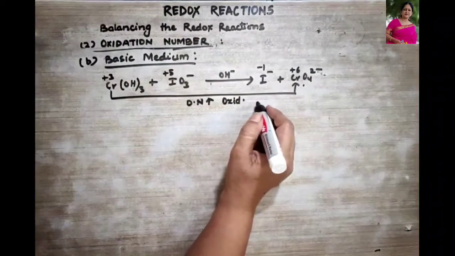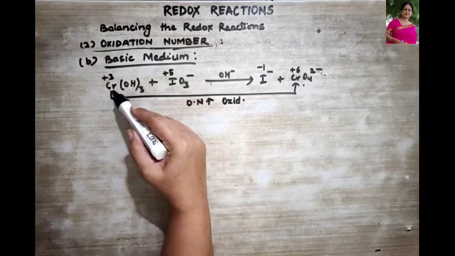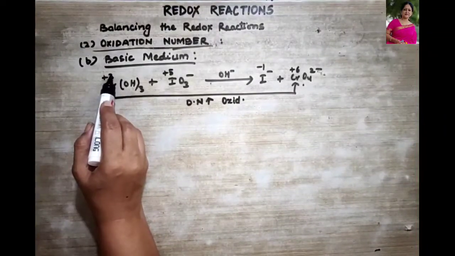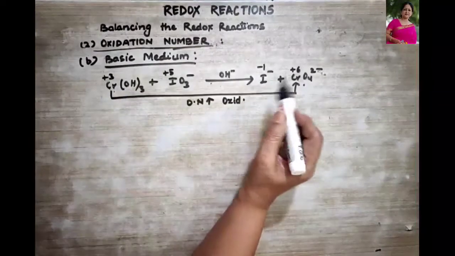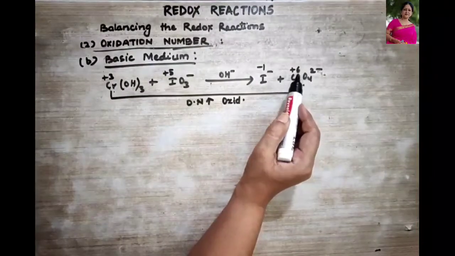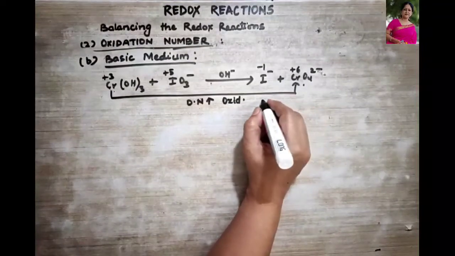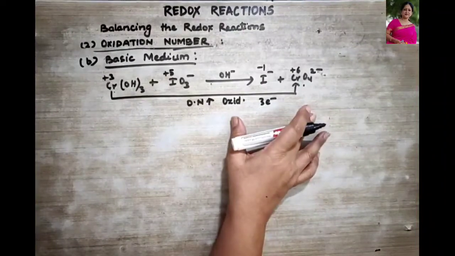So what is happening? How many electrons are being removed? One atom of chromium with oxidation number plus 3 is removing how many electrons to become one atom of plus 6? It is 3 electrons. Is this point clear?